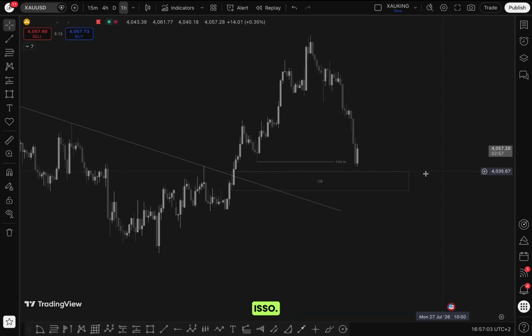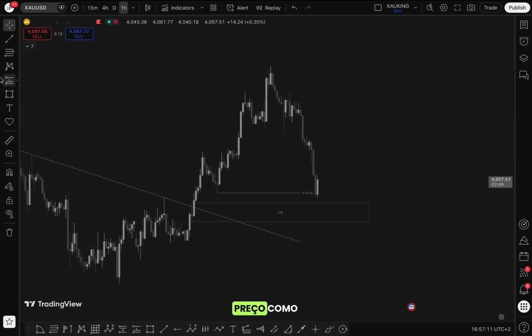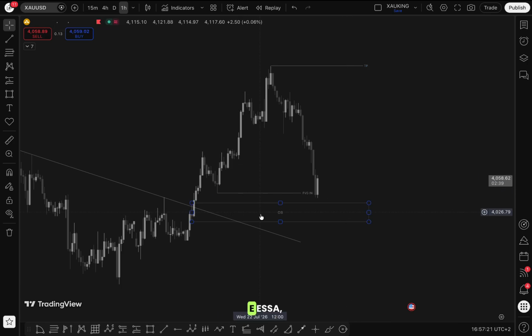So let me remove this. We are on the 1 hour time frame, which is the most important. And we leave price as it is. We just mark out our take profit target initially. This will be our initial TP. And this trade would have to be placed like this, in my opinion.